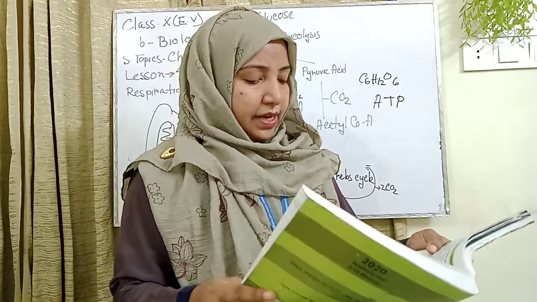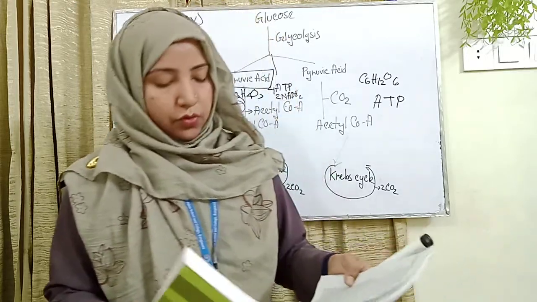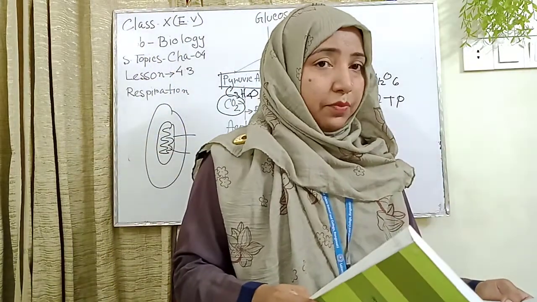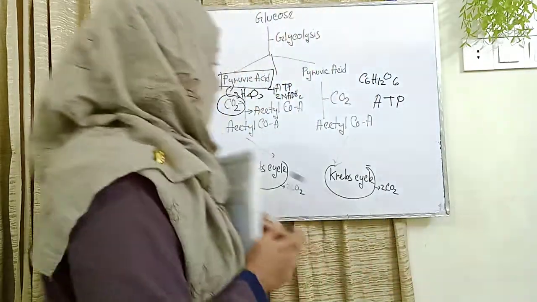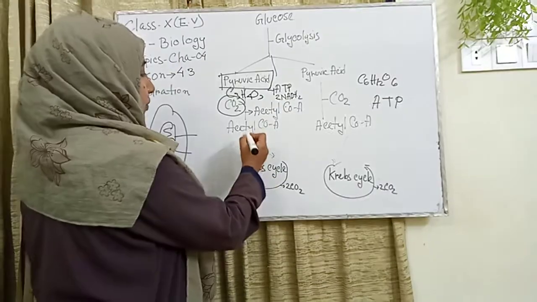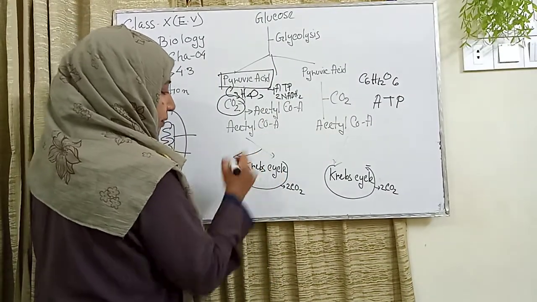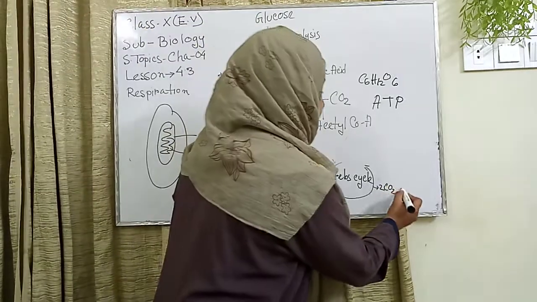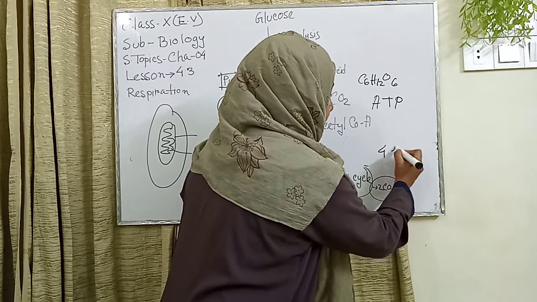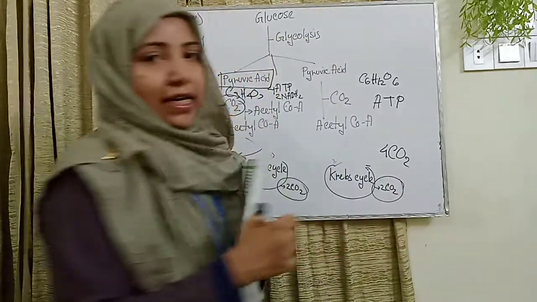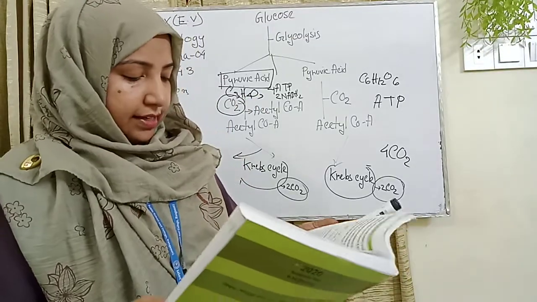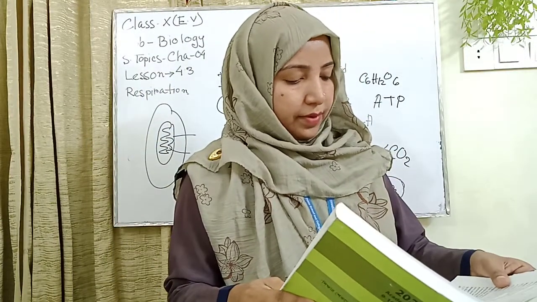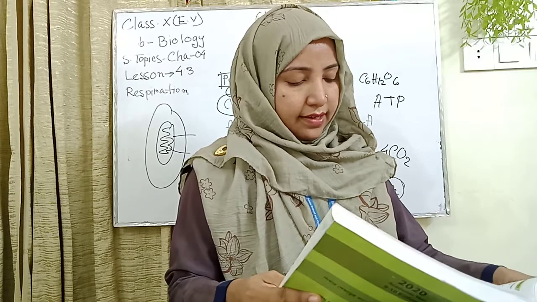In the Krebs cycle, 2-carbon acetyl-CoA is oxidized to produce two molecules of carbon dioxide. Sir Hans Krebs discovered the cycle.